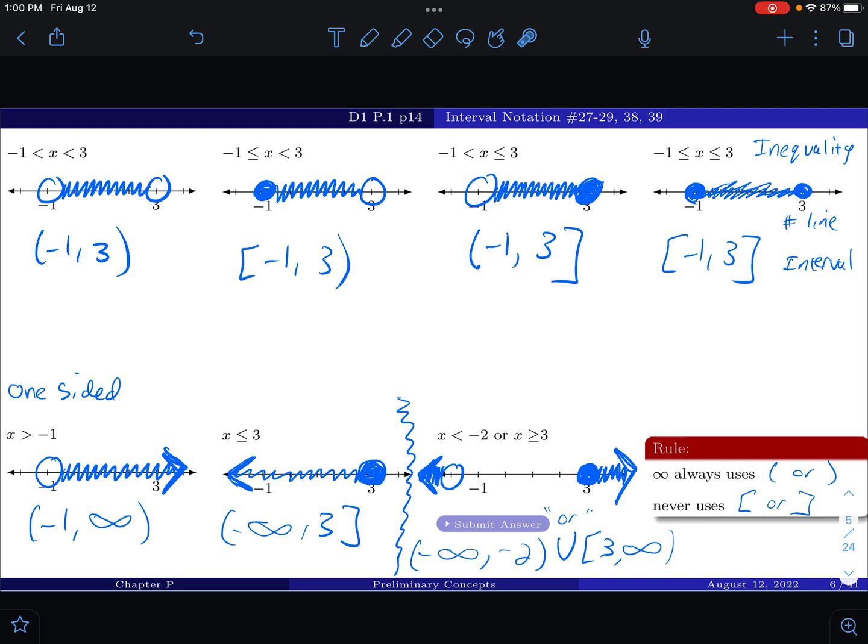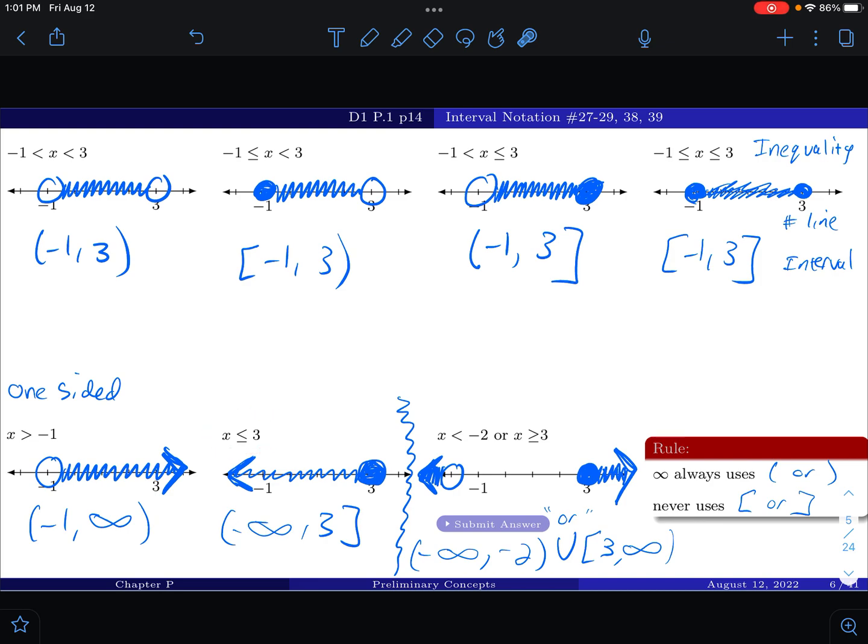For one-sided inequalities, if I just want all the numbers that are greater than, for example, -1, I'm going to start at -1, don't include it, and shade all the way up and to the right. How do I show that in interval notation? -1 is smaller than positive infinity, so I write -1 and infinity. -1 gets a parentheses because it's an open circle, and we can never touch infinity, so I can't include that, so infinity gets a parentheses as well.